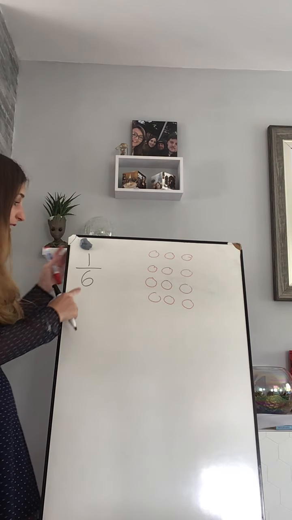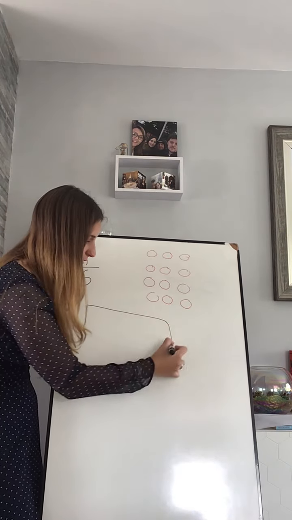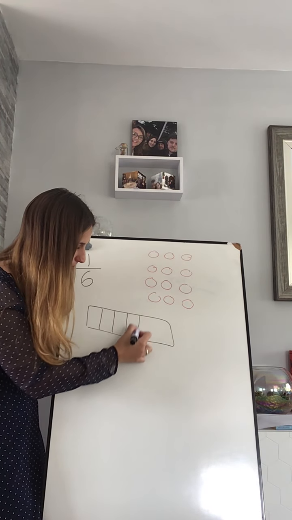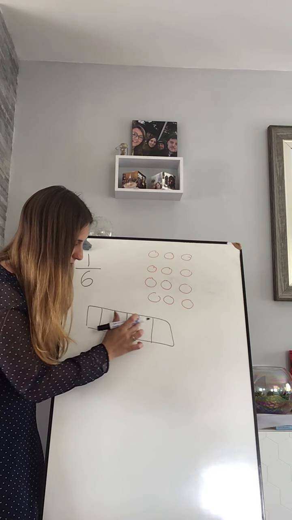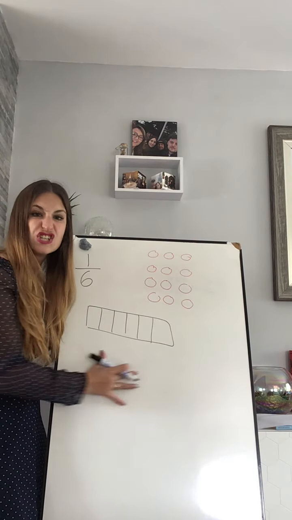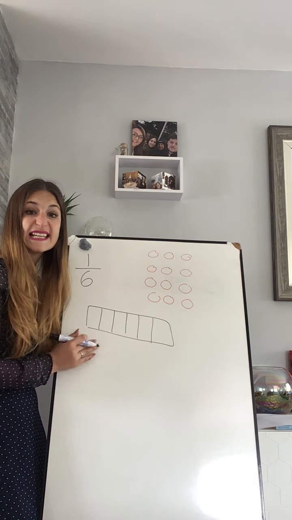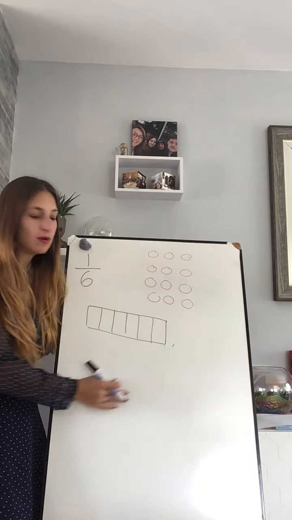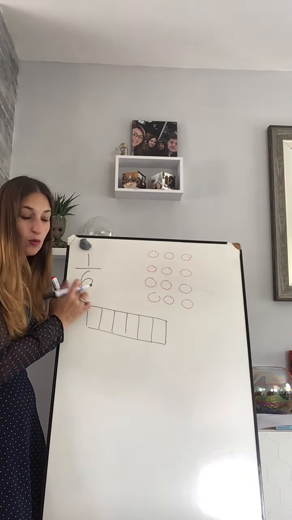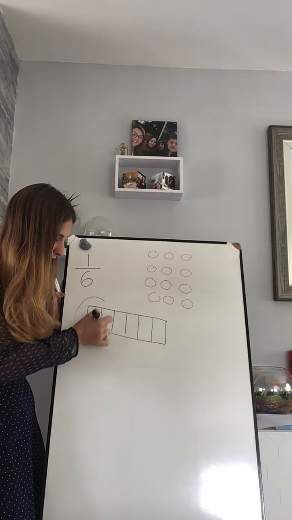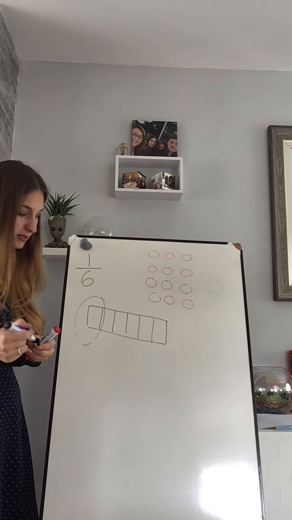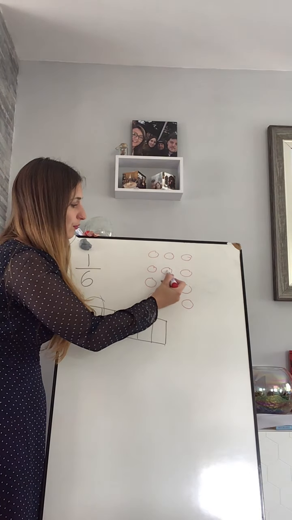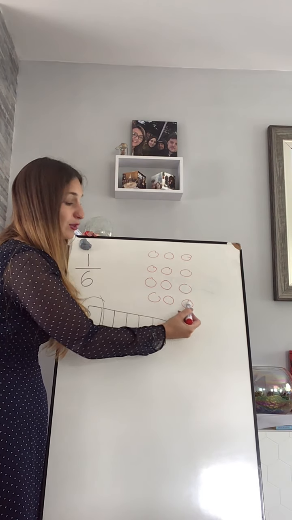Right, so we have 1/6. I say 1/6, but in my head straight away, I'm thinking of sharing equally into 6 equal parts and taking one part of it. Only one tiny piece of my 6. And then you have 1, 2, 3, 4, 5, 6, 7, 8, 9, 10, 11, 12.